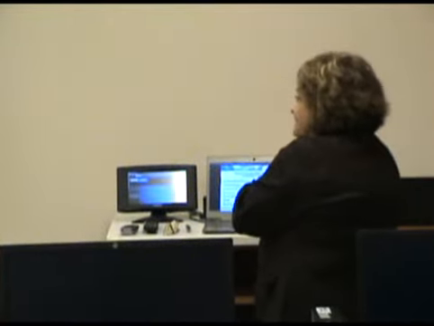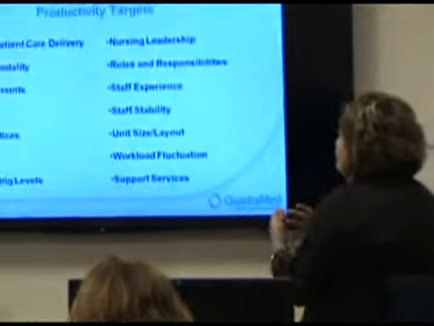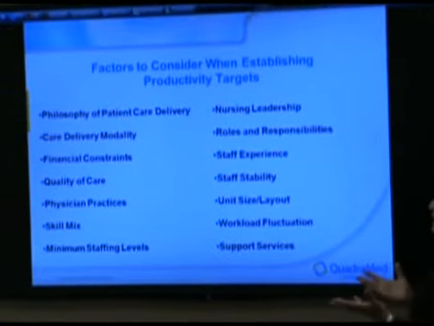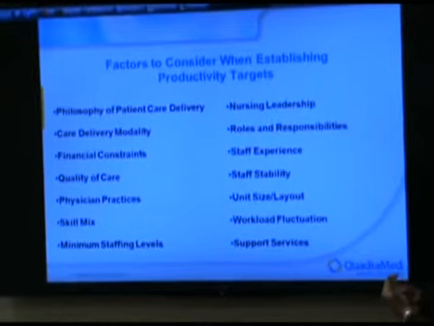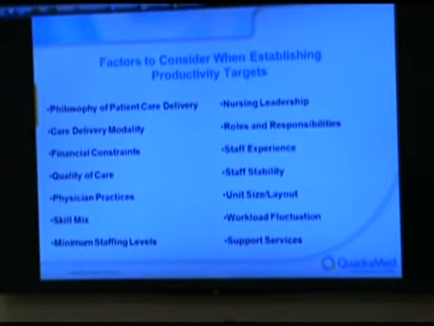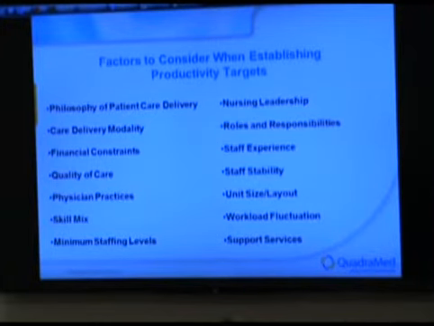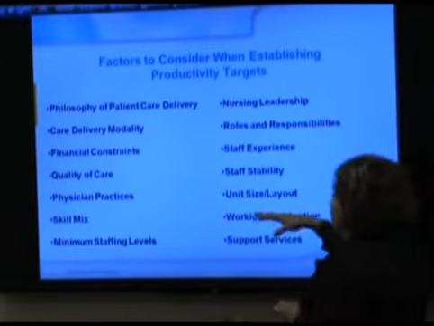Now, when you're looking at targets, targets are built based on a number of pieces of information. One is philosophy of patient care delivery, how you deliver care. Do you have primary nursing, do you do team concept? Financial constraints. We don't create targets that are greater than your budgets. What is the quality of care you're looking for?